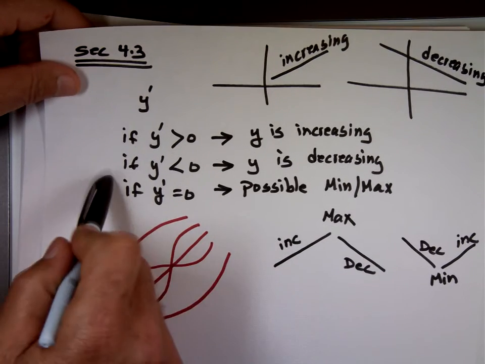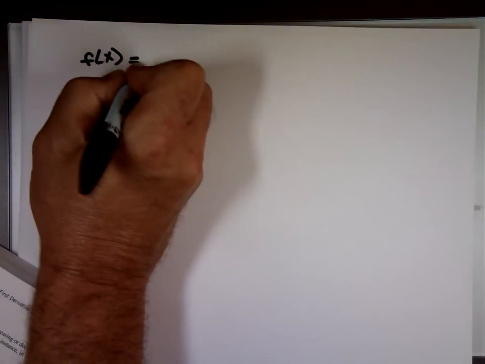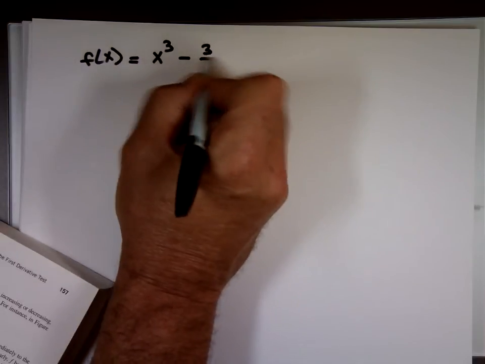So let's take an example and see if we can find the min, the max, where the function is increasing, where the function is decreasing, all the good stuff. We'll start with a straightforward problem, nothing tricky about it. f of x equals x cubed minus 3/2 x squared.